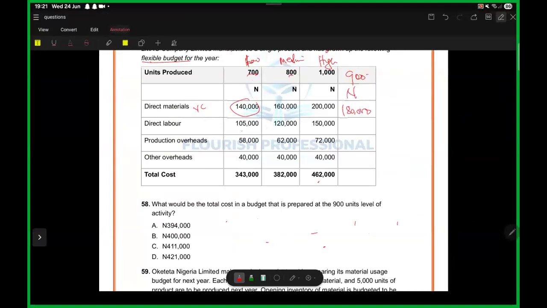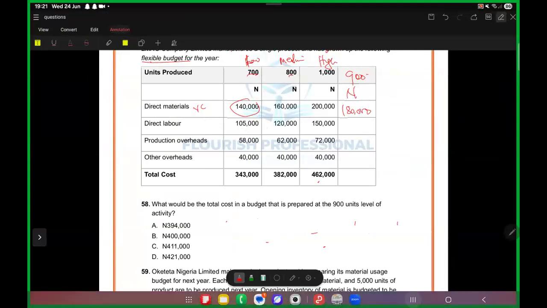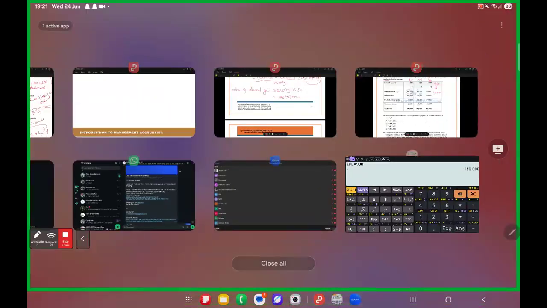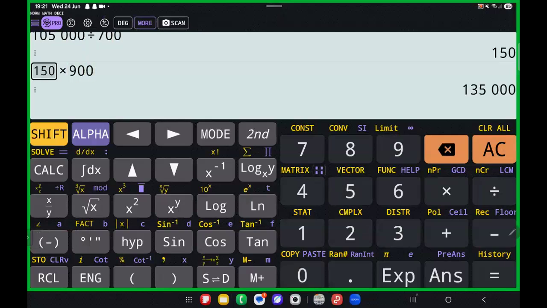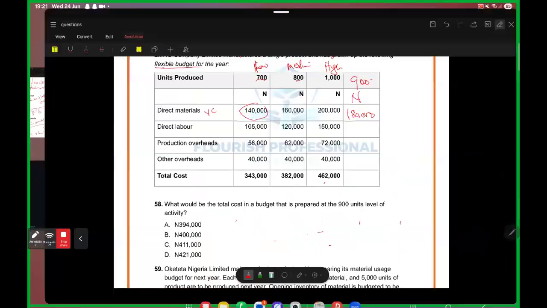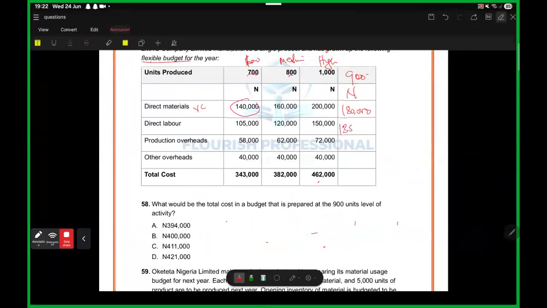I can divide 105,000 over the 700, and I will get 150. Now the 150 times 900, I should get 135,000. So this one is going to be 135,000. Are we getting the concept?